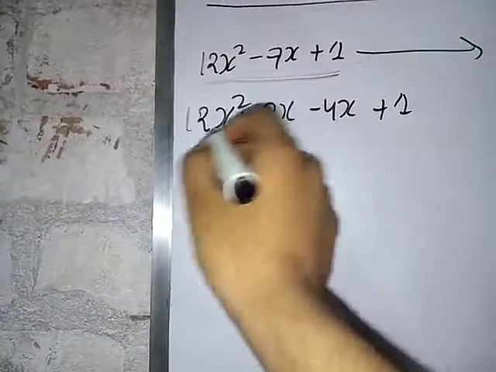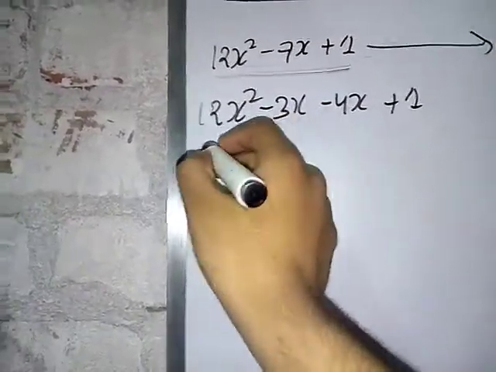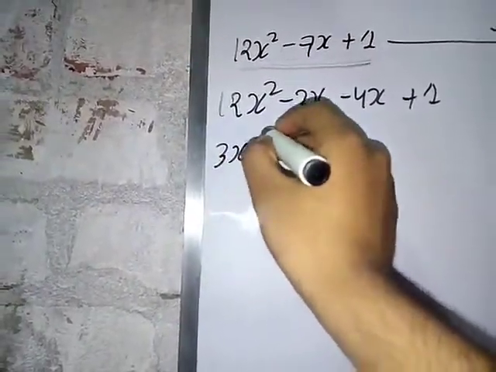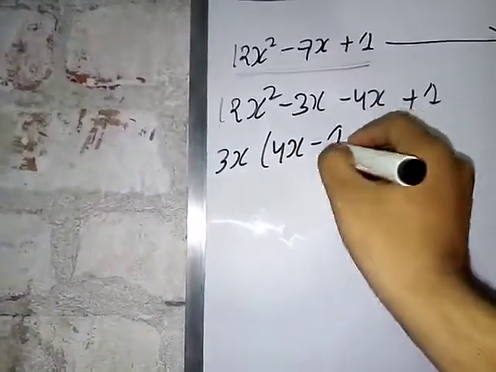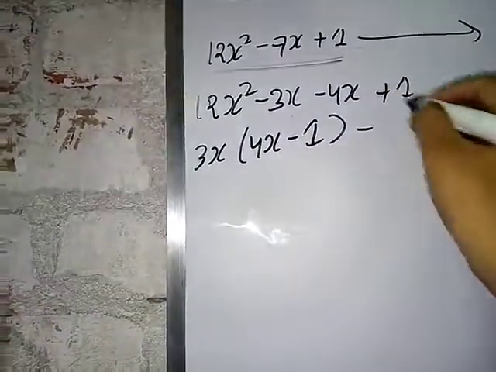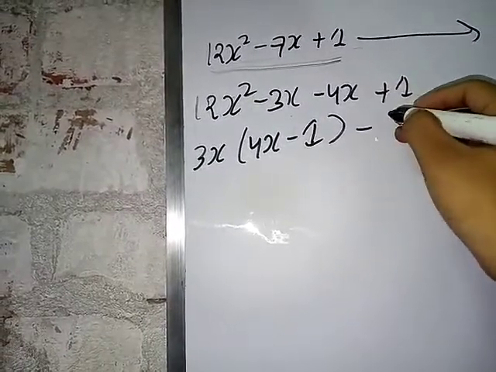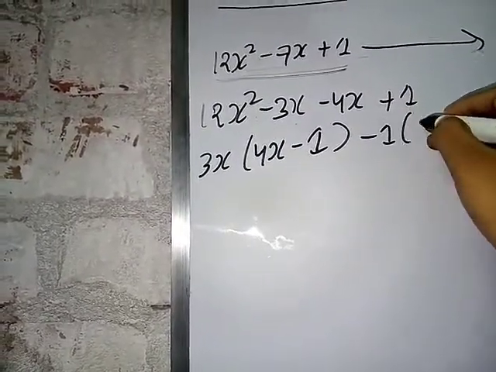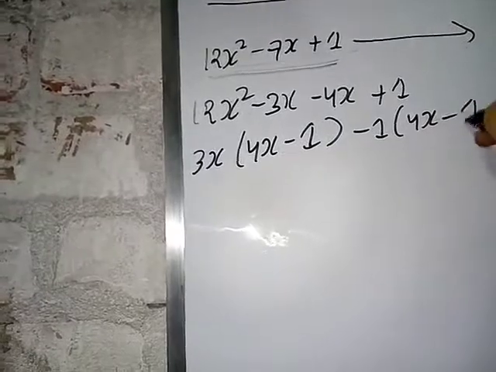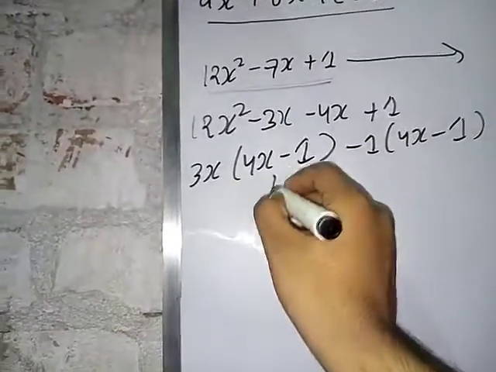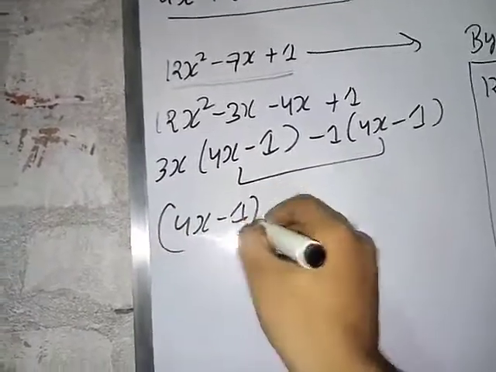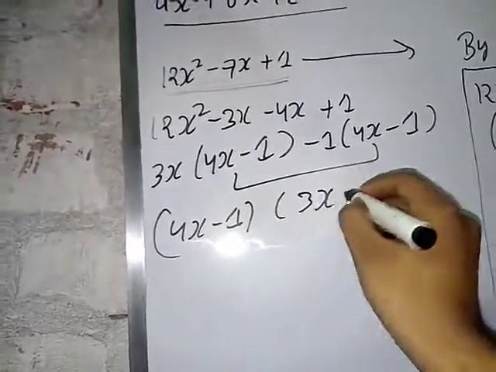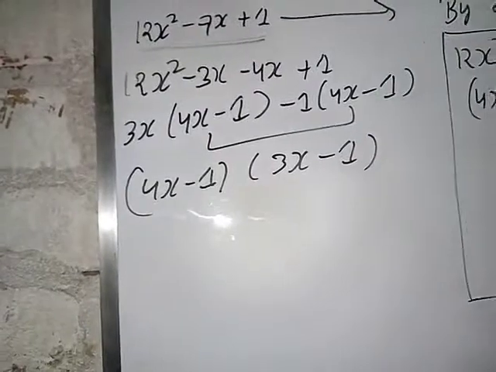So 3x is common here, giving 3x into 4x minus 1, and here we take minus 1 as common. So we got this one.